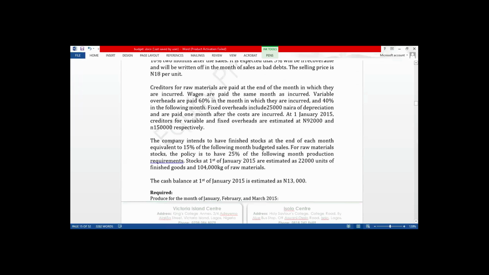At 1st January, creditors for variable and fixed overhead are estimated at 92,000 and 150,000. That means the 150,000 is for fixed overhead.